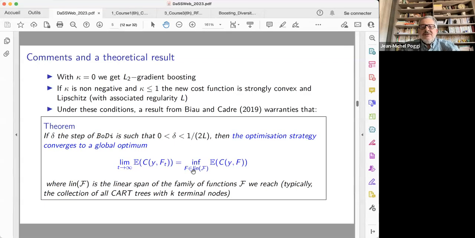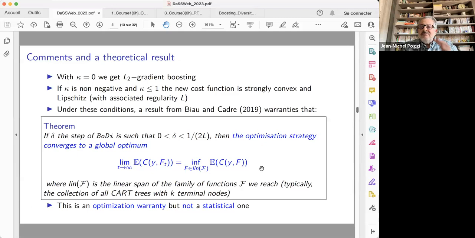Typically, you could consider the collection of all CART trees with a given number of terminal nodes. So this is an optimization result. It is not a statistical one. You have no information about the rate of convergence and so on, but you have some kind of guarantee on your algorithm.